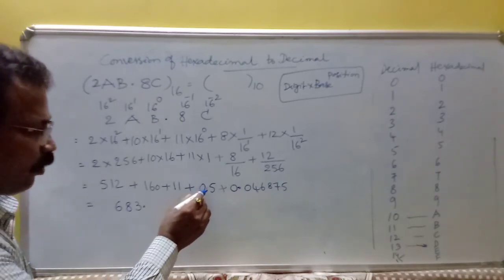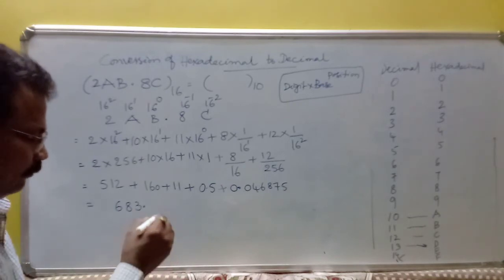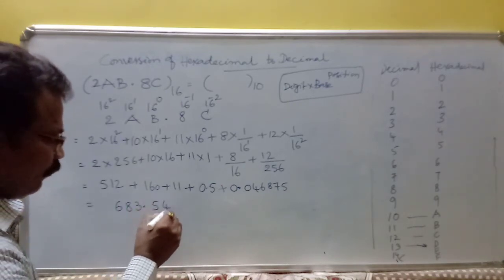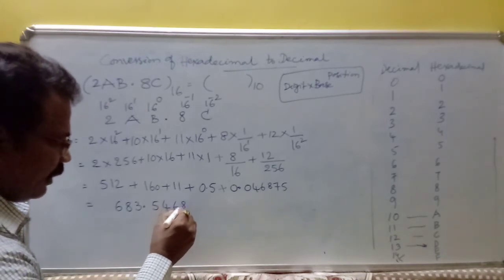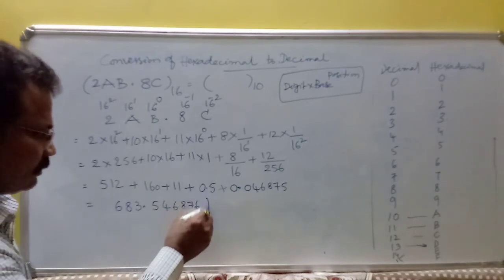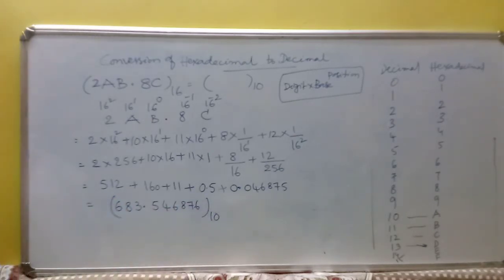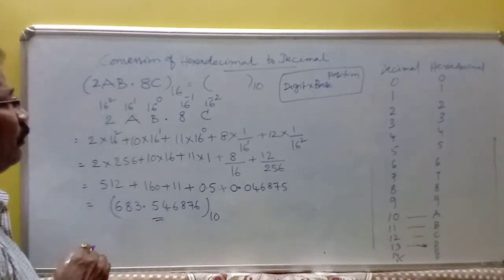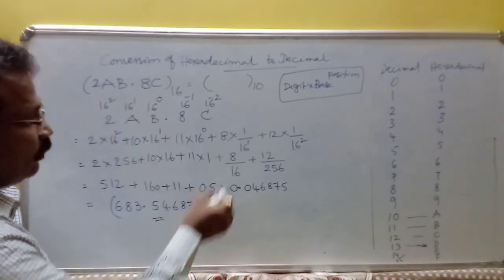By adding 0.5 plus 0.046875, you get 0.546875. So the result is 683.546875 of base 10. That is the process of converting the given hexadecimal number into its equivalent decimal number.